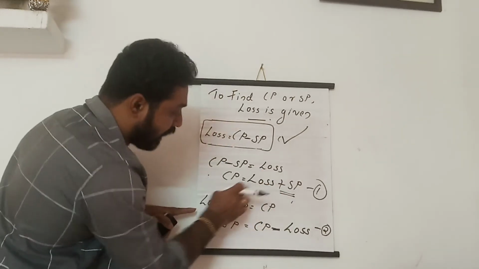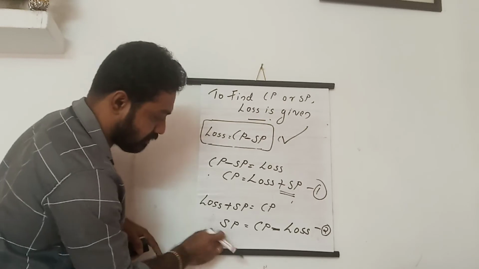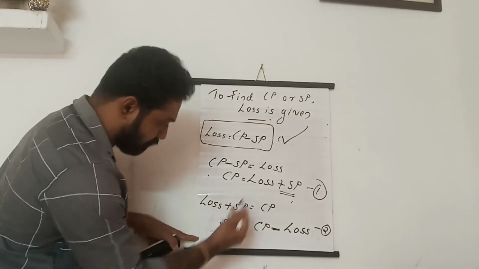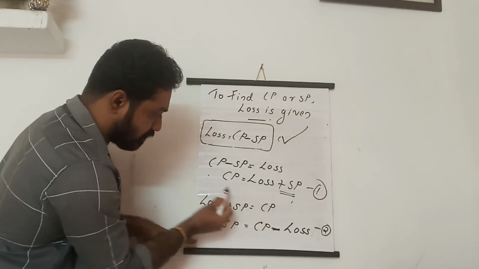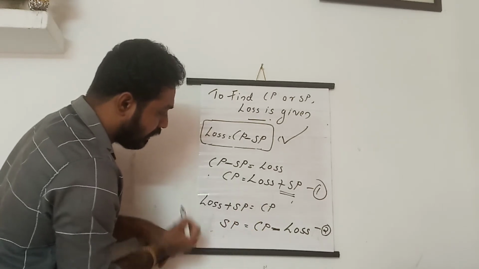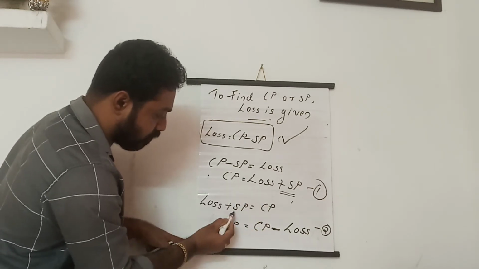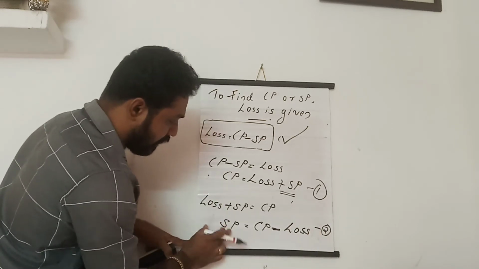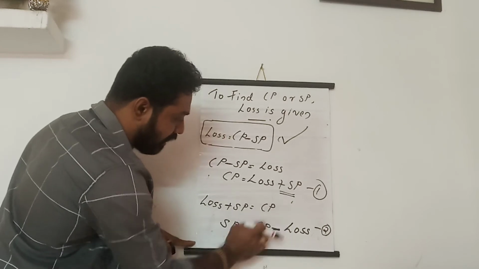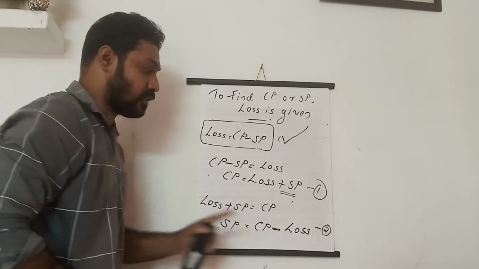From this equation I made the second equation, that is for SP. I interchanged this equation, so I wrote loss plus SP is equal to CP. Then to get the equation for SP, I took loss to the other side, and SP is equal to CP, which is already there, minus loss. So these are the two equations.